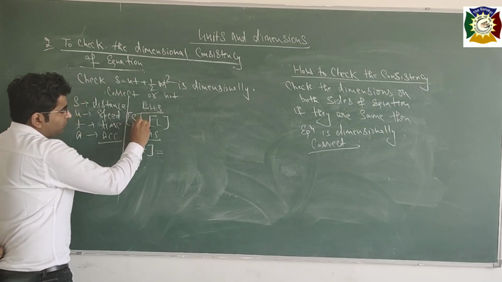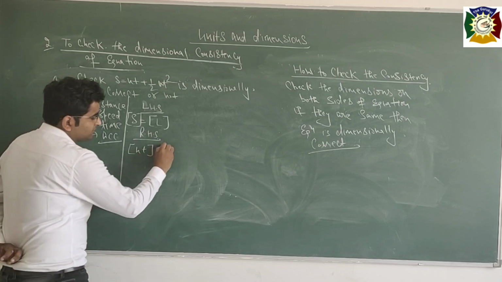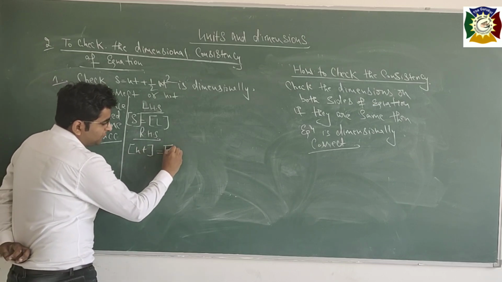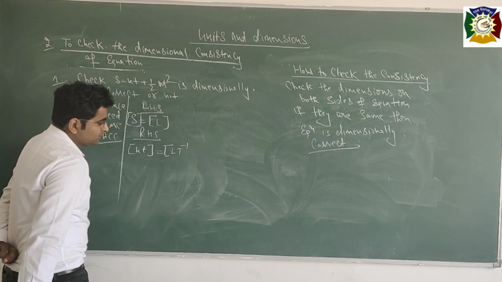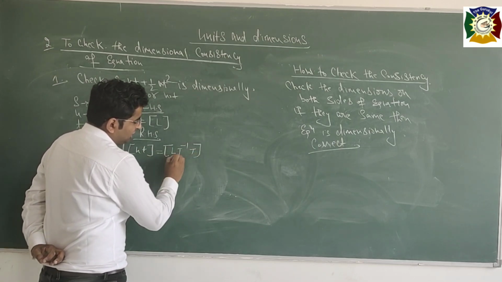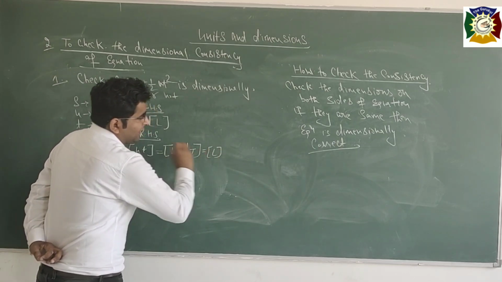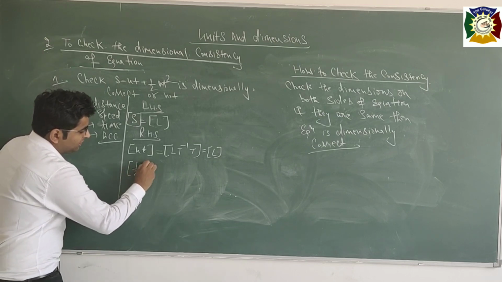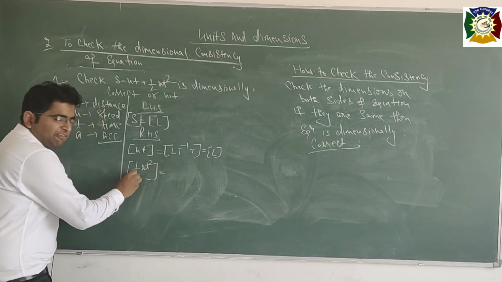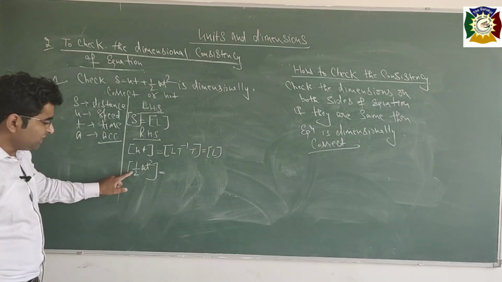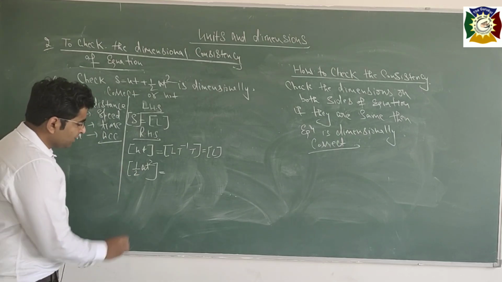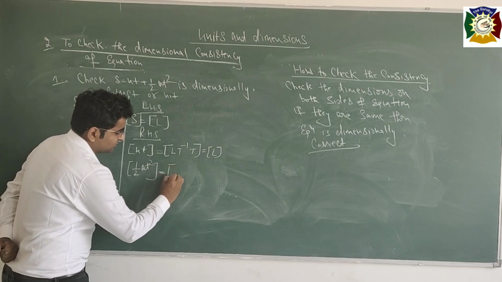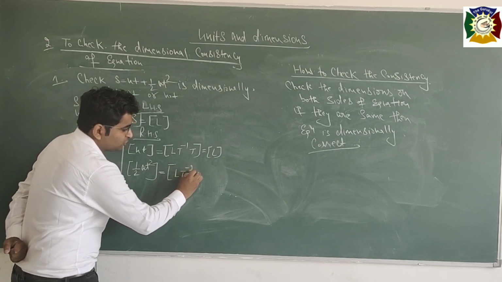The dimension of ut: u is speed, so its dimension is L t minus 1, into t, it will give L. Clear? Now half at square, half is a constant term, so it does not have any dimension. The dimension of acceleration is L t minus 2.